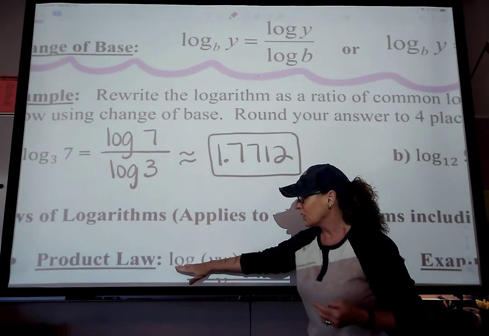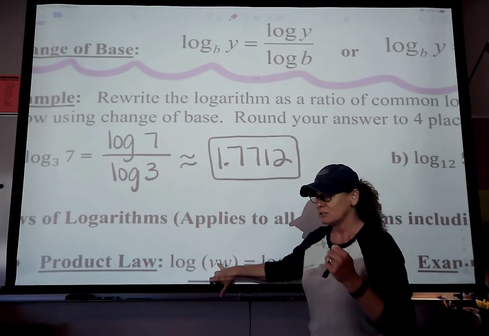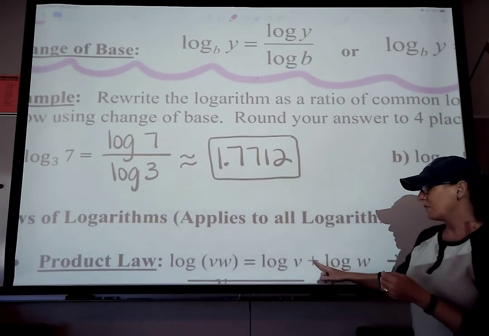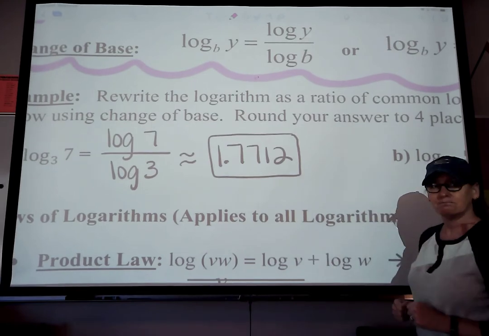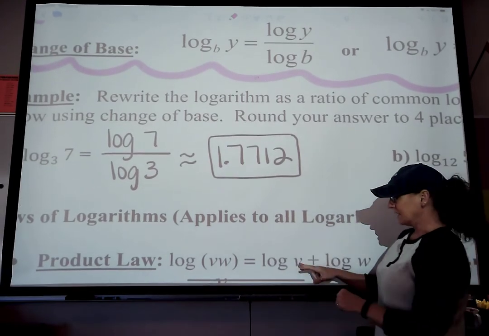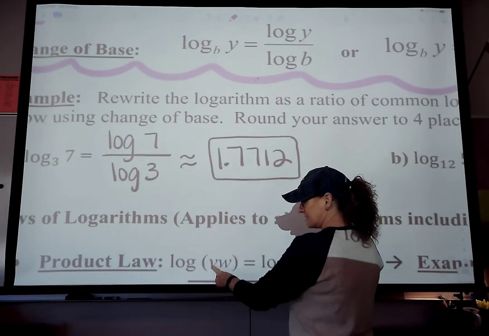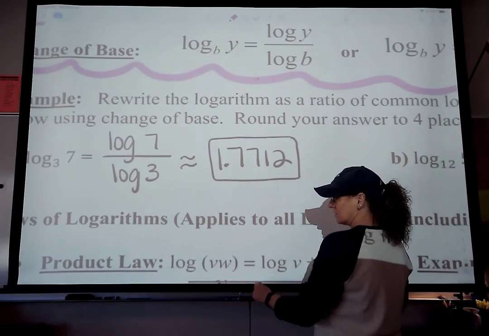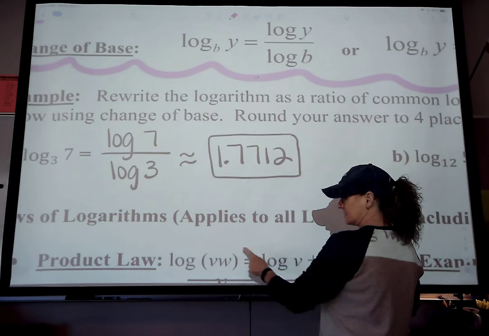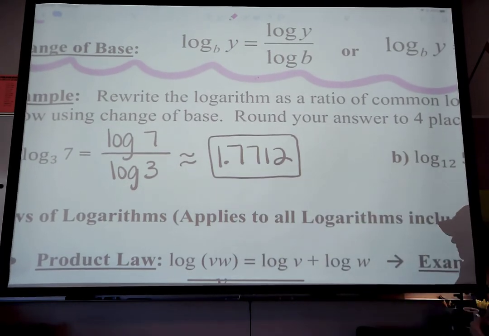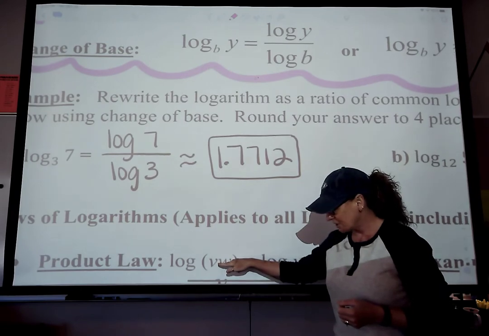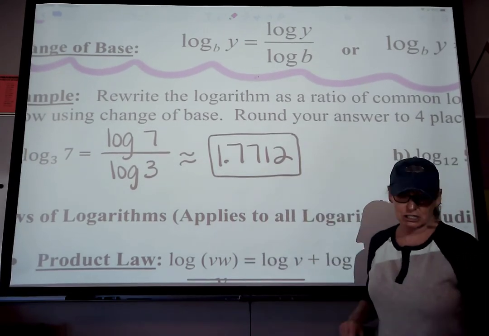So this one log with multiplication splits into two separate logarithms with addition separating them. So we get the log, same base of this piece, plus the log, same base of this piece. Expansion. We can expand multiplication using addition.